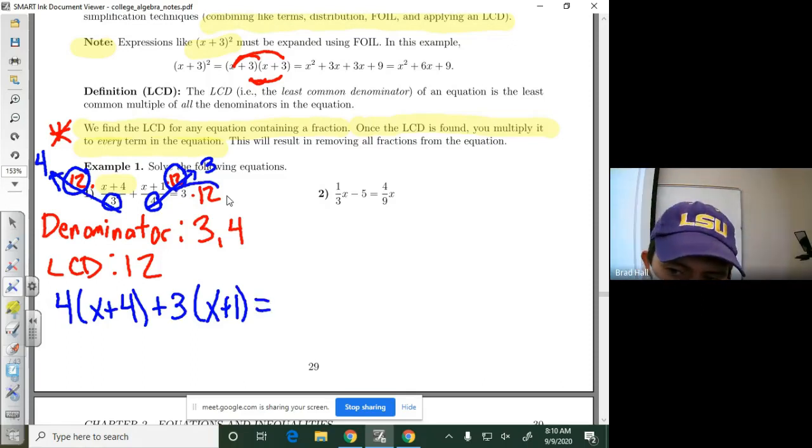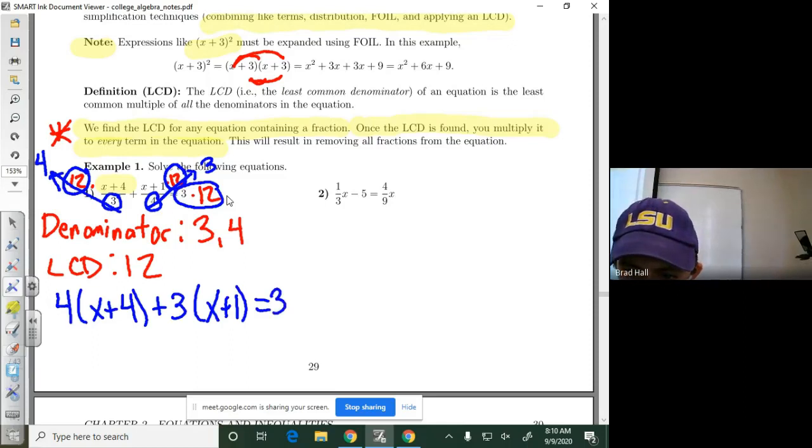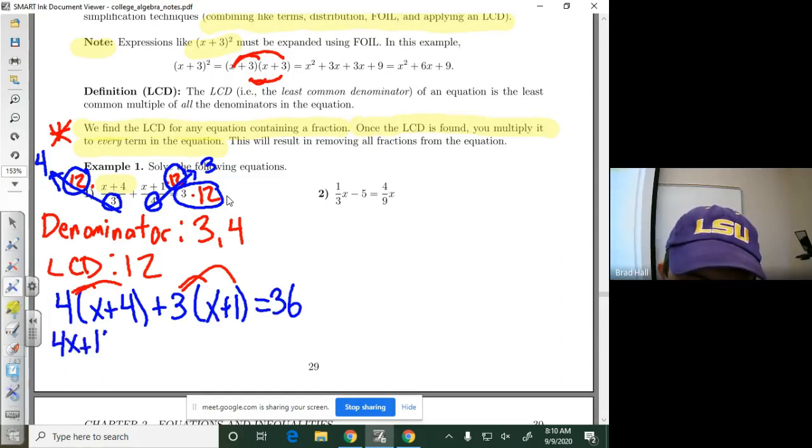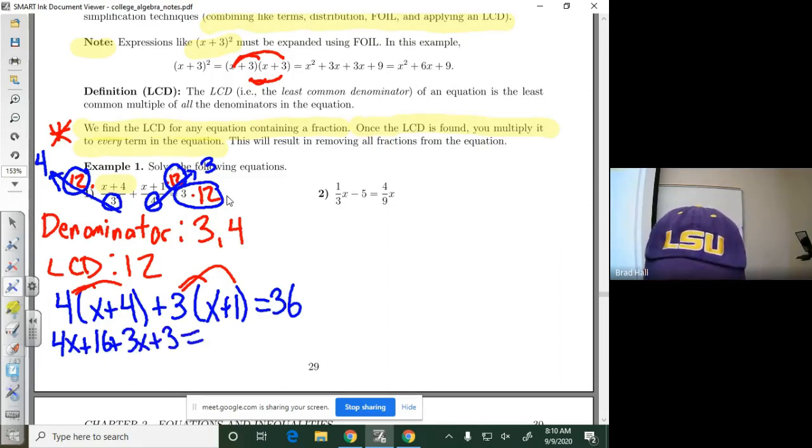And then finally, we have 3 times 12. It's just 36. And notice all of the fractions are now gone, which is the point of the least common denominator. Now we can simplify this problem much more easily. From here, it's just a matter of distribution and combining like terms.